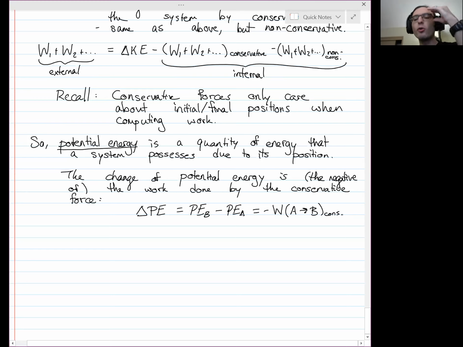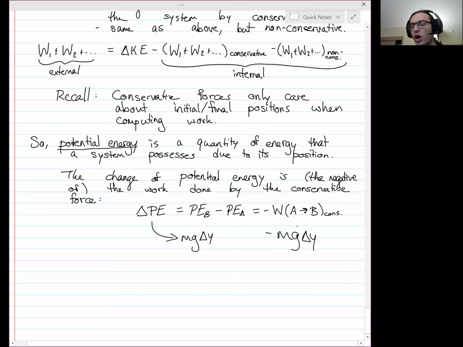So the whole point here is that this delta PE, think of it as something like mg delta y. We will get into more explicit things in a minute, but the work done by gravity is just negative mg delta y.